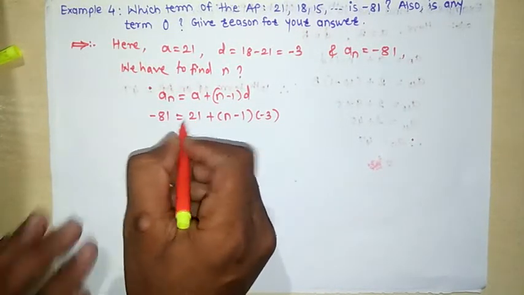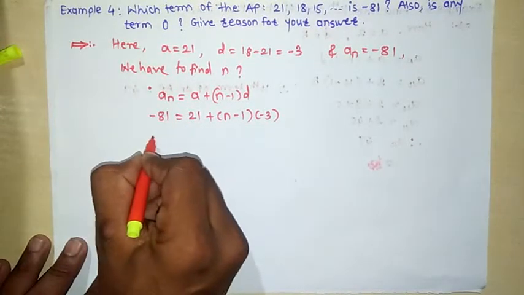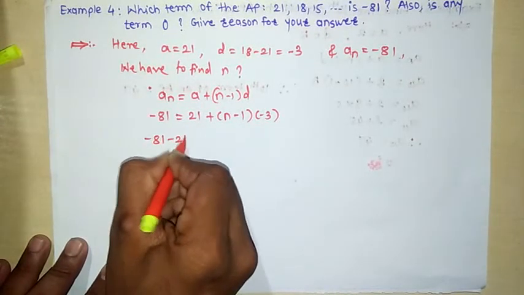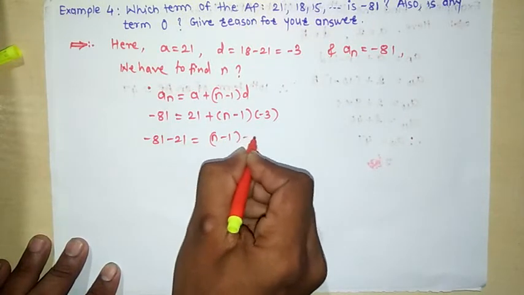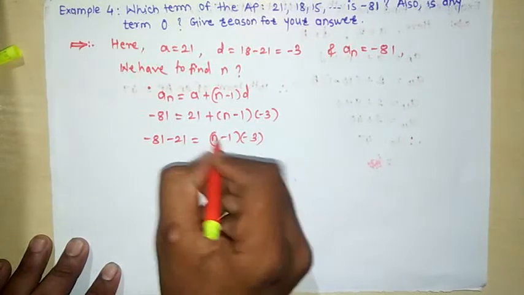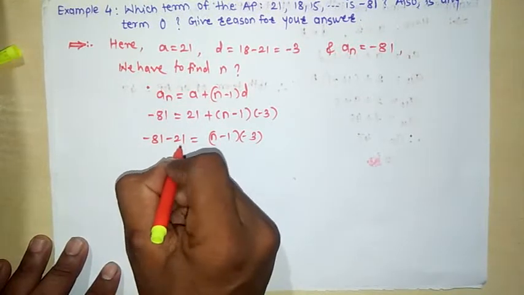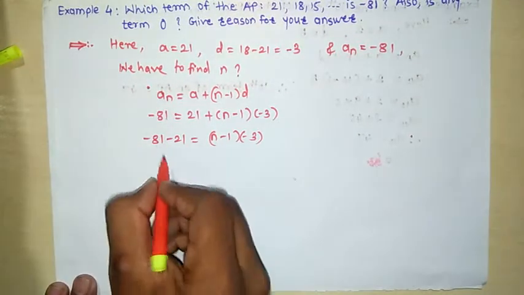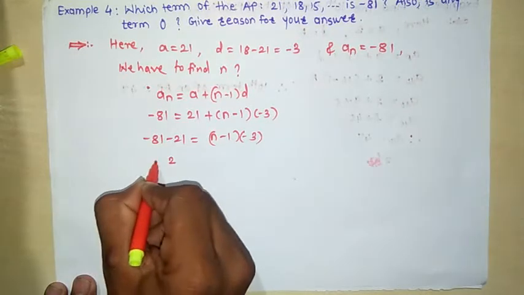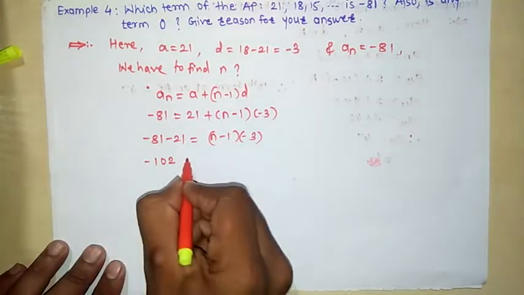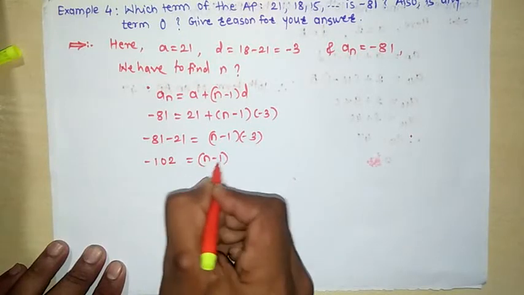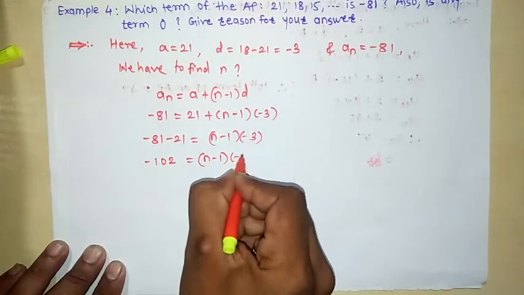Take this 21 towards the left hand side. It will become negative: minus 81 minus 21 is equal to n minus 1 into minus 3. Now what is minus 81 minus 21? It will become minus 102. n minus 1 into minus 3 as it is.